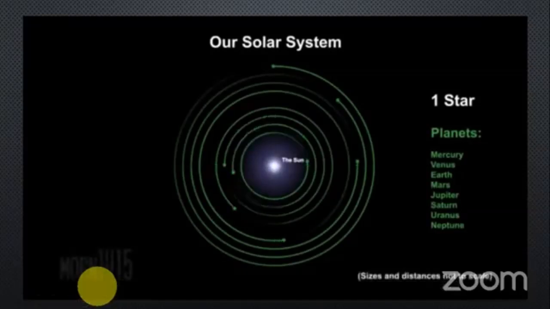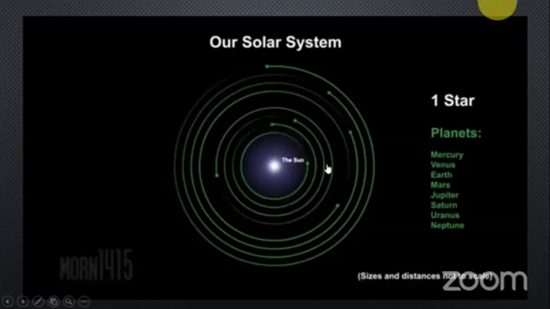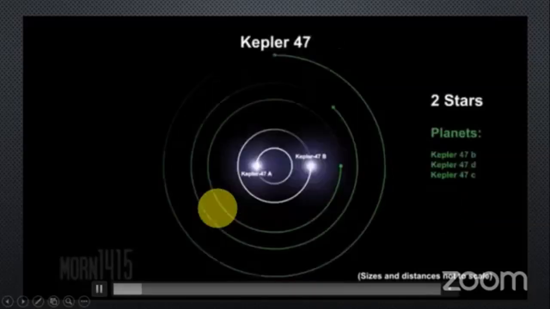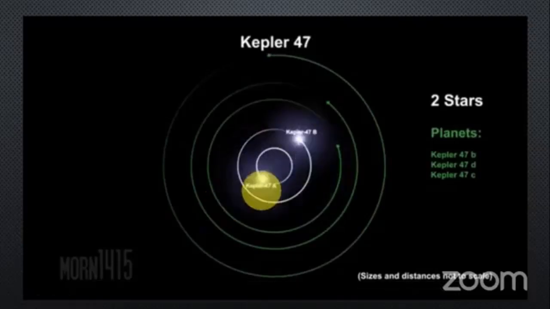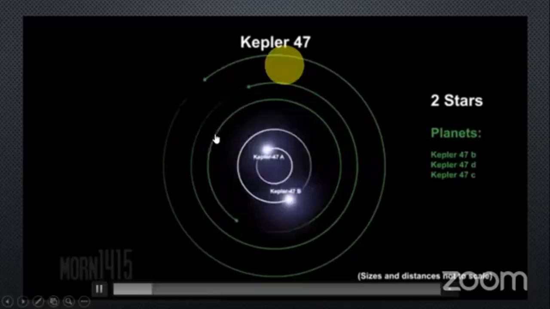So here is the sun. It has only one star and it has this planet around it. Now observe other systems. Here you have 2 stars orbiting about the center of mass, but their planets are orbiting about their mutual center of mass.